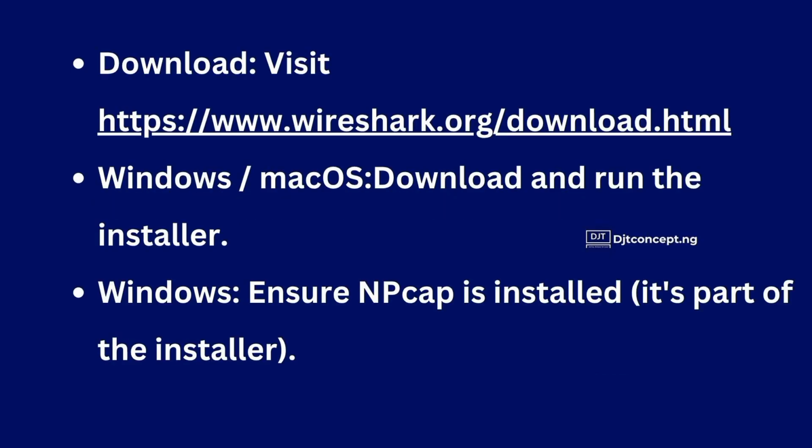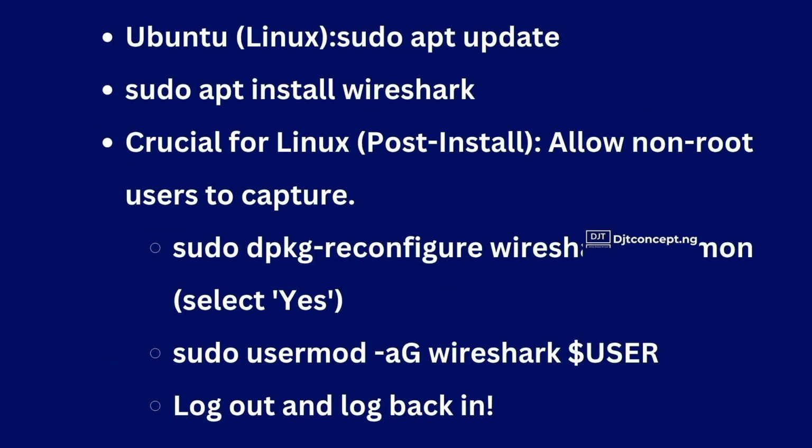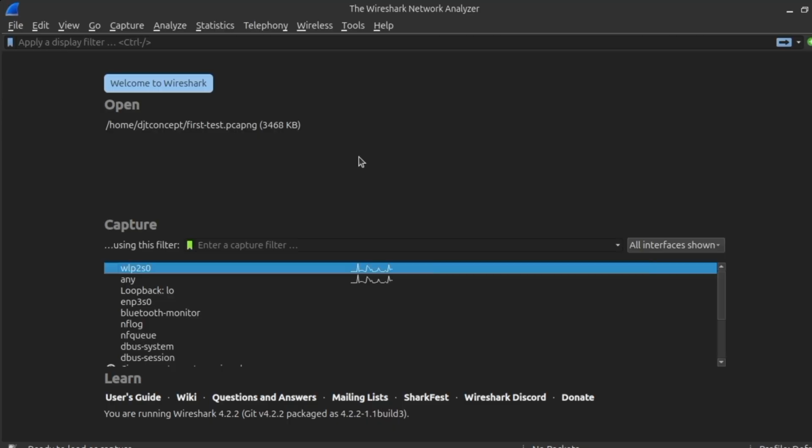Wireshark is now open, so what you need to do is start capturing network packets. It shows your interfaces. See all your interfaces are shown, your wired, your Bluetooth, your wireless, and all of that.